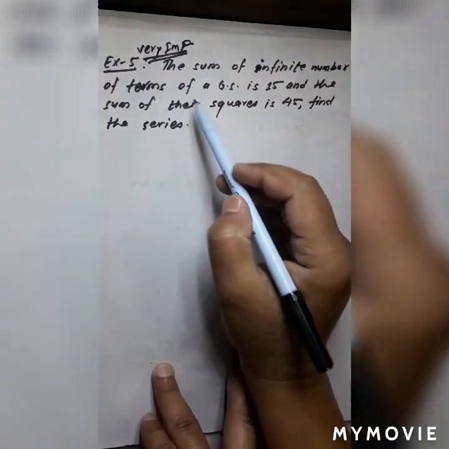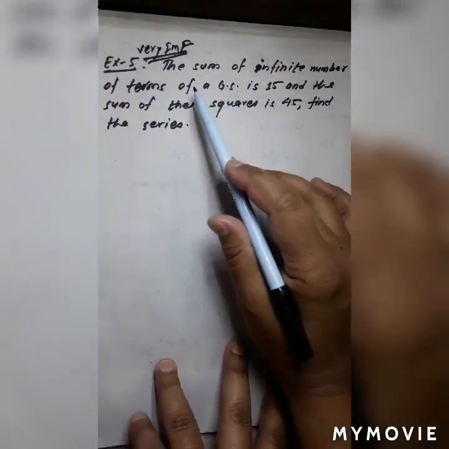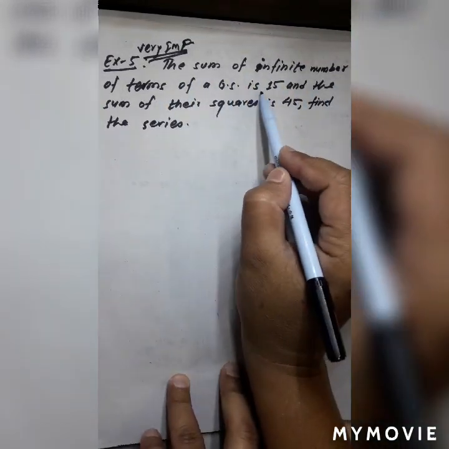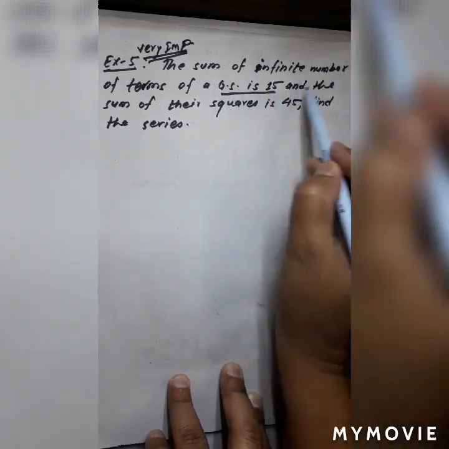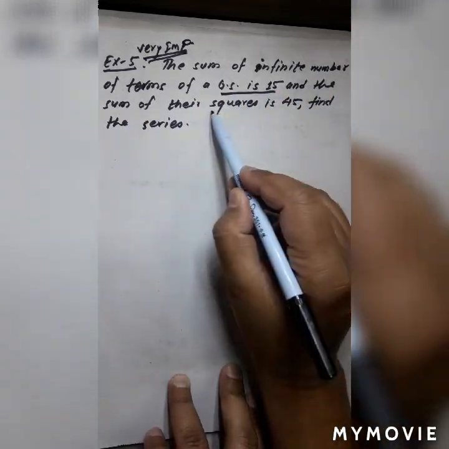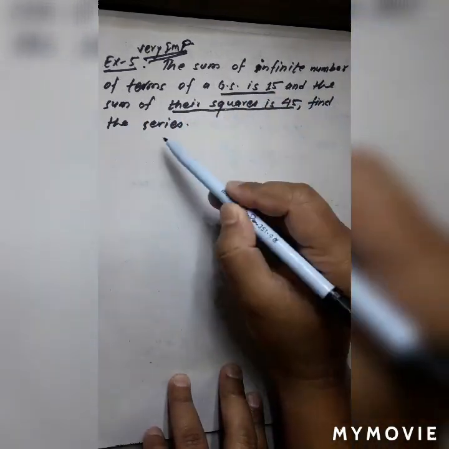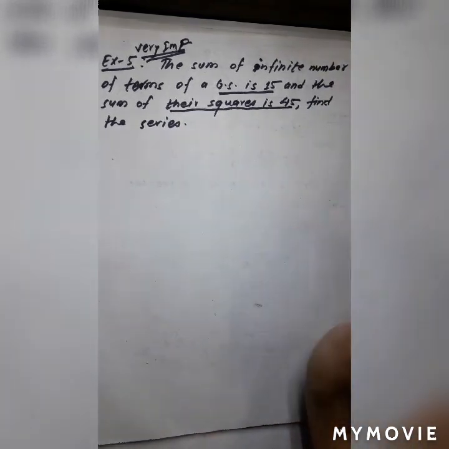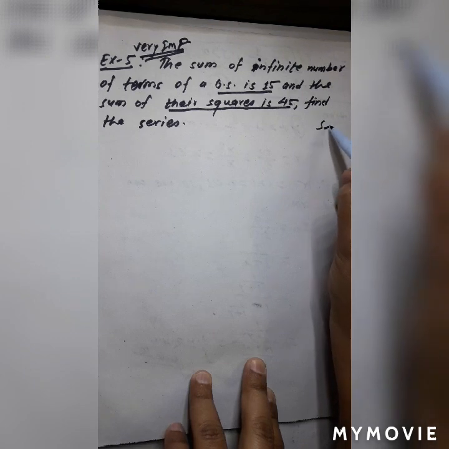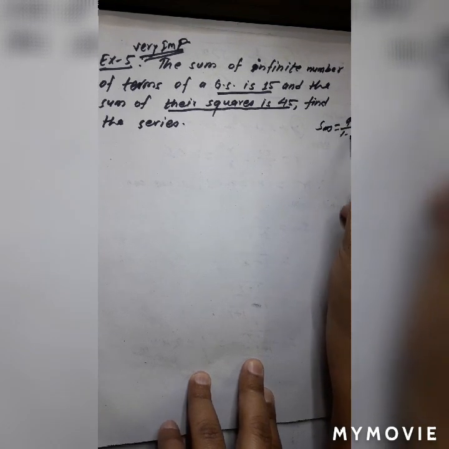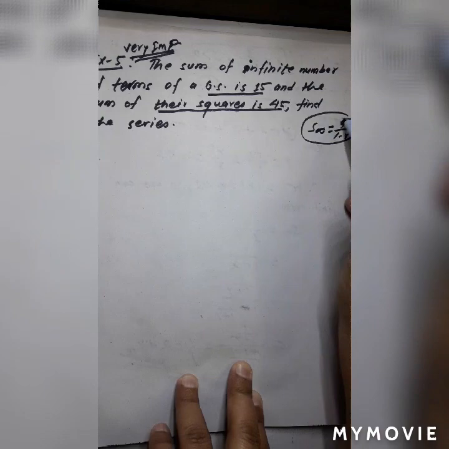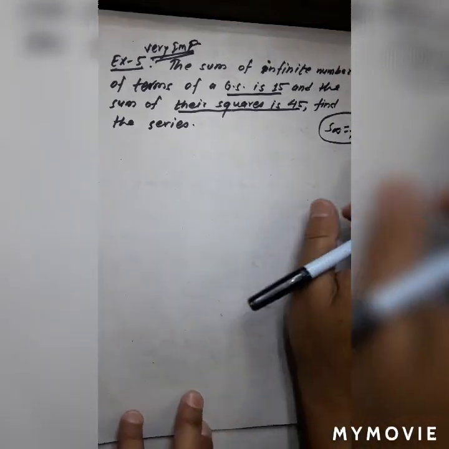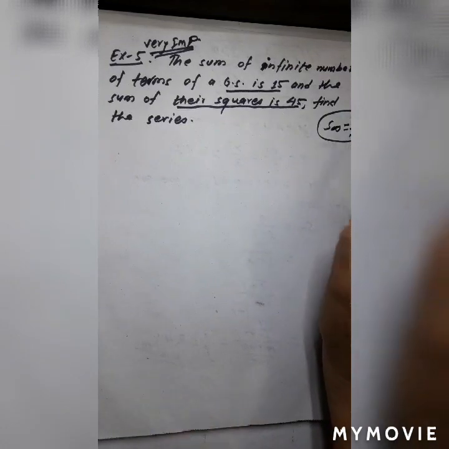One very important question here. This may be asked for 6 marks. The sum of an infinite number of terms of a GS is 15. Here one sum is given, and the sum of their squares is 45. Find the series. To find the sum of an infinite geometric series, we need the first term a and r, because S infinity equals a by 1 minus r. Here we need a and r, but in this question we don't have a and r.